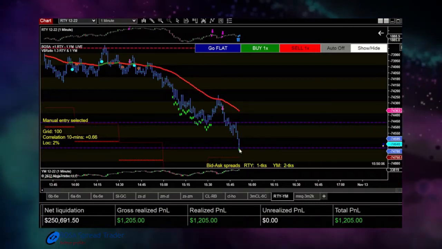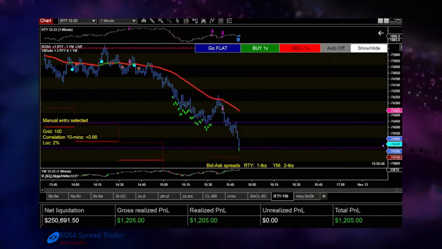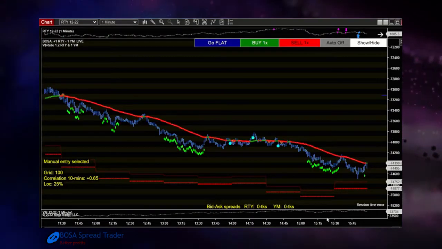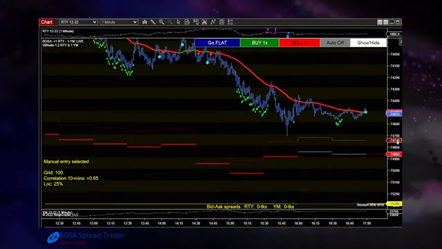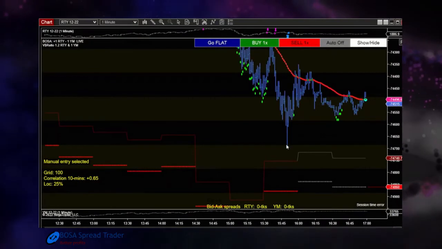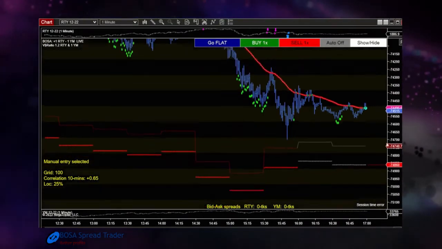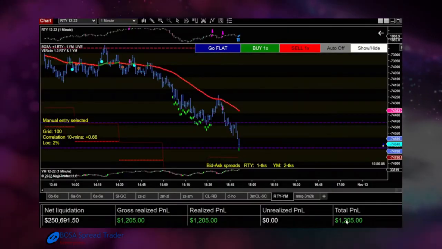Thankfully, we touched that perfectly, we touched that level just right on the money, because here it is. That's where we got touched. We hit that level and the market bounced up. I exited the position right there at the ideal price of the day and came up with $1,205 for that day. So a beautiful day.